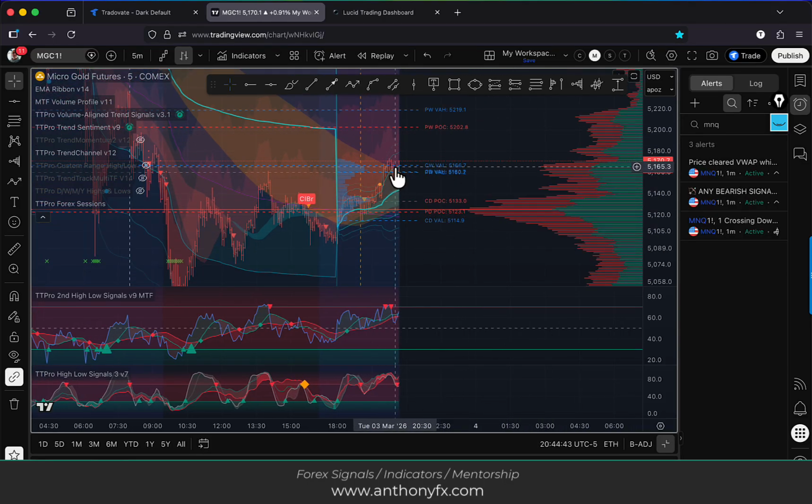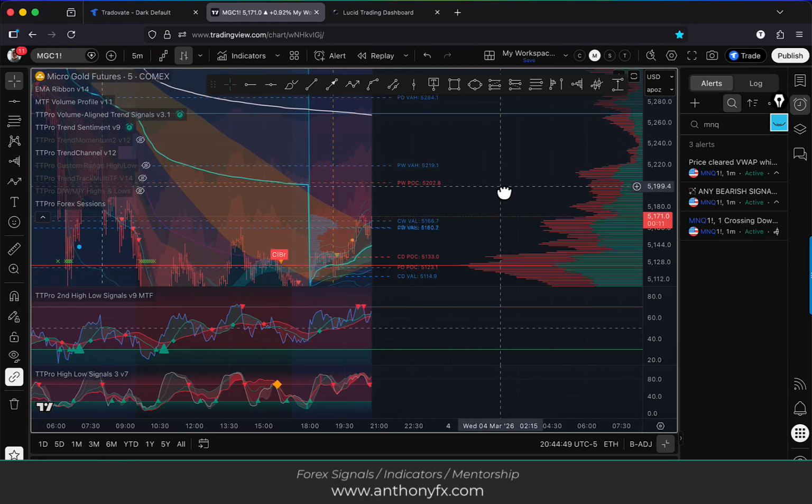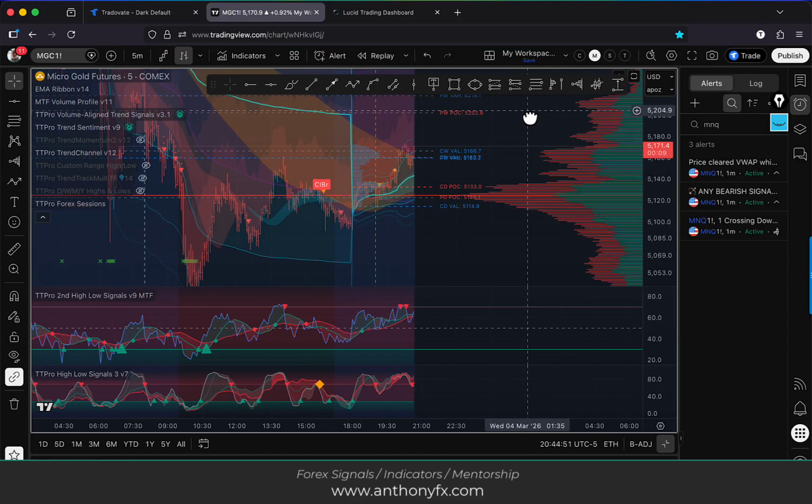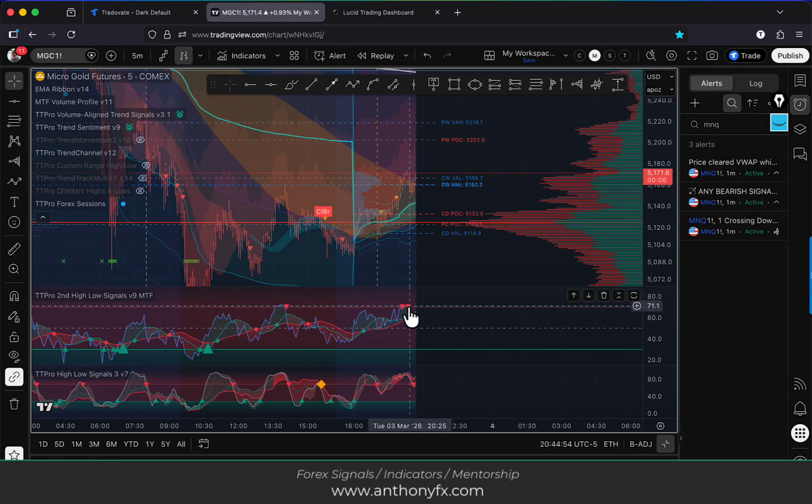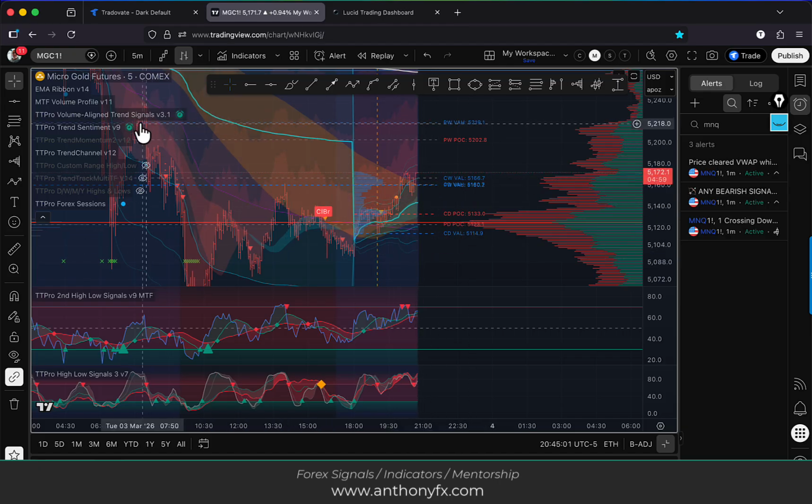Okay, that's the resistance. The next level of a target is this one up here. Right, so that'll be your target, the blue line. The other thing you want to do, and see now we're on this red here, so you want to wait for that to pull back, and then you want it to break, and you'll get buy alerts kicking in.